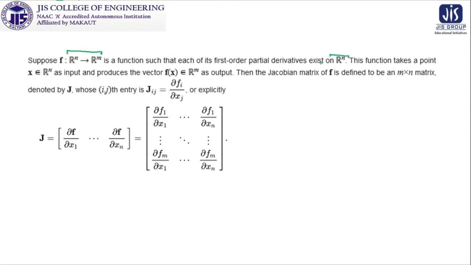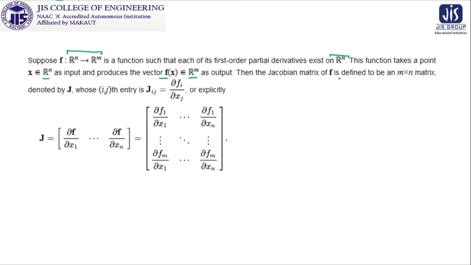The function takes a point x from Rn as input and produces the vector f(x), which is the output in Rm. The input vector is from Rn and the output vector is in Rm.